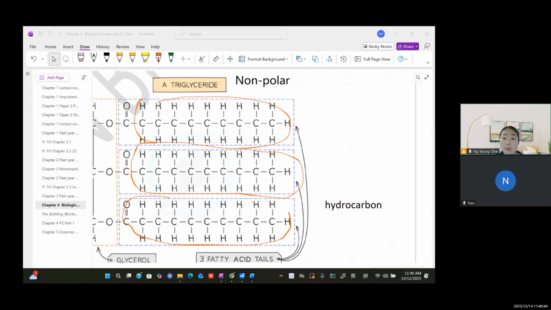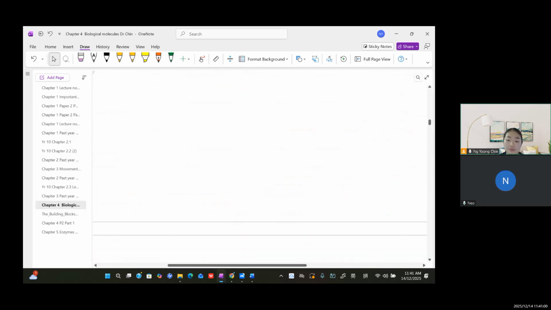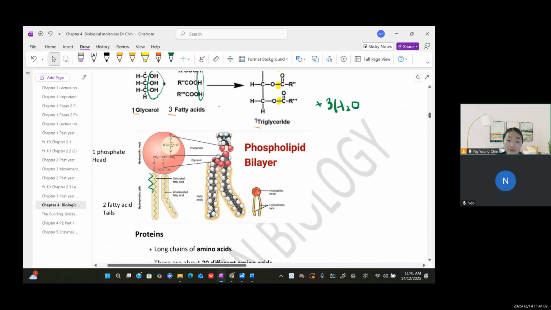You will learn chemistry in another class, so that's how they draw the structures. Sometimes they draw in a zigzag shape. This zigzag shape refers to the hydrocarbon chain. It's the same thing, just a different presentation.